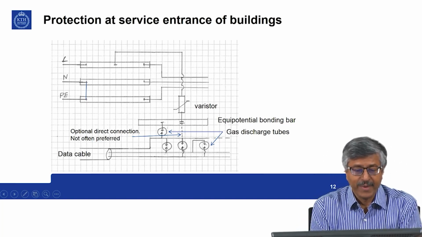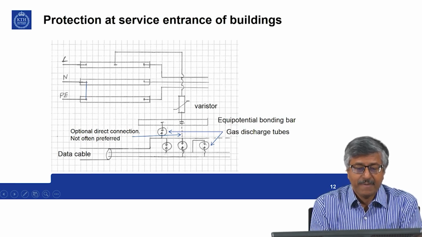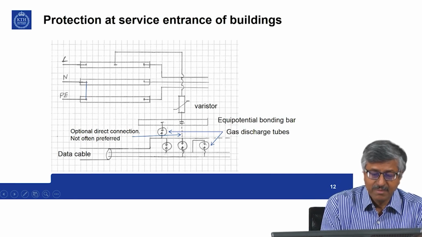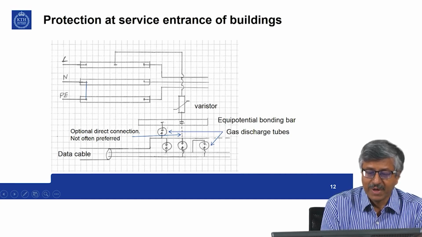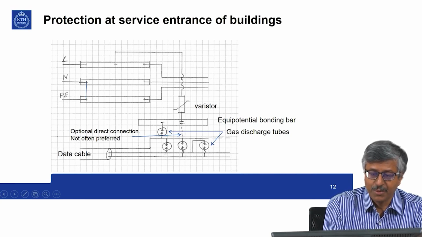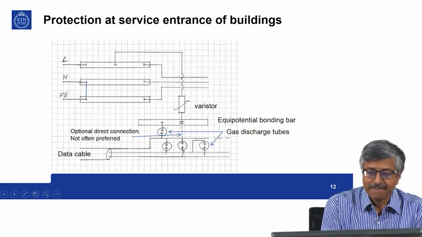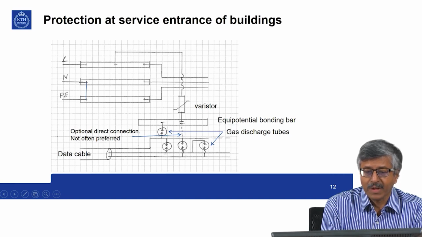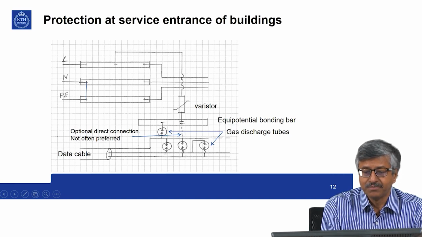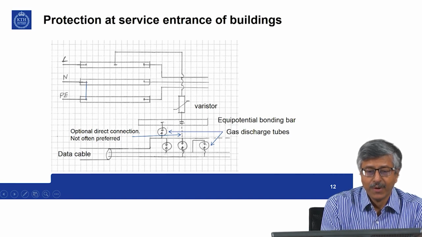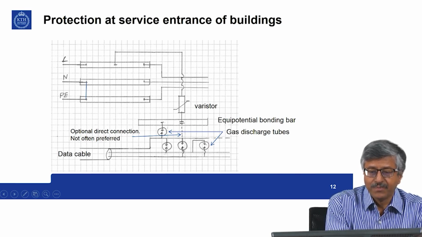So, how do you provide that? Say the data cable may have a shield. So, one possibility is that you have an equipotential bar as before, and you connect your system to, say, this.